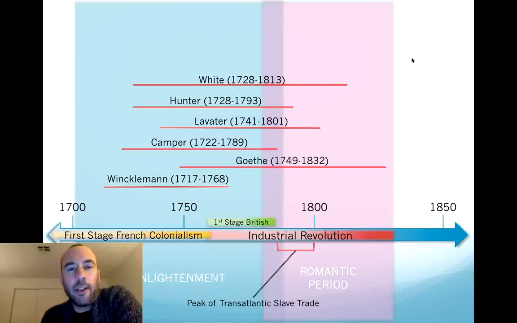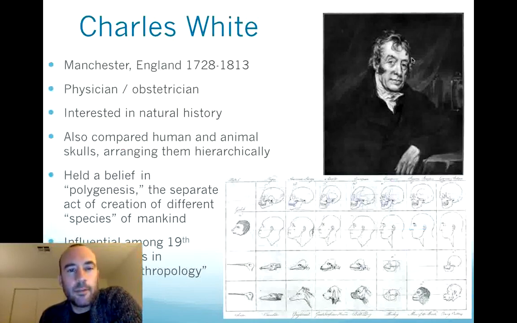Okay, then you've got another individual, Charles White from Manchester, England, which was a big sort of industrial area at the time. He was a physician and an obstetrician. He was interested in natural history. He's also comparing human and animal skulls. And you can see he really carried it to the extreme.